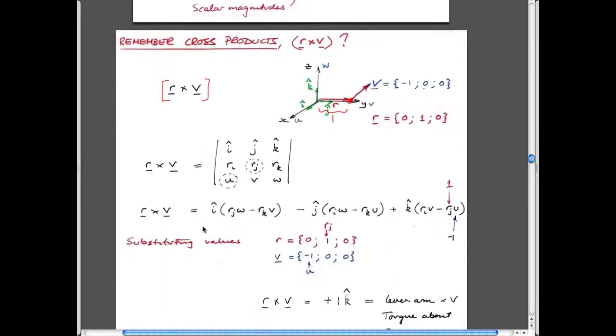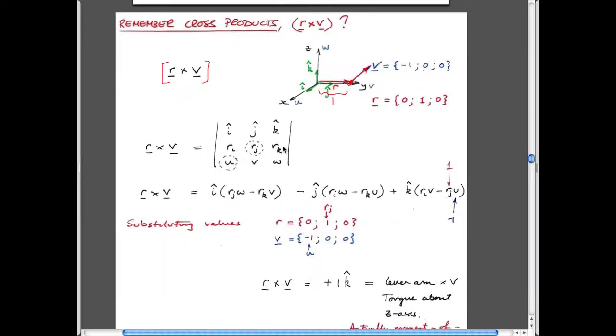And so the lever arm times the velocity is just the cross product. And the cross product are the coordinates of this coordinate system. i is in the x direction, j is in the y direction, and k is in the z direction. These are the magnitudes of the location where the point acts.